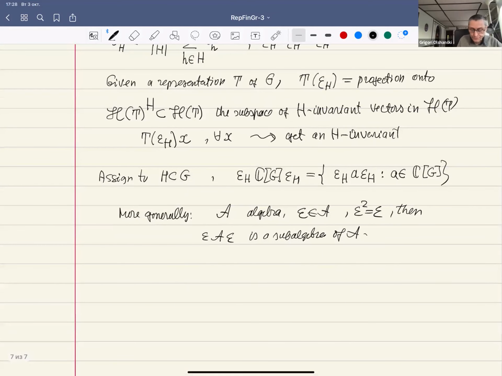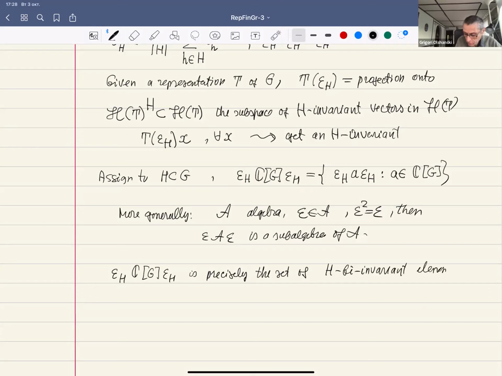What is the meaning also? In the case where we take exactly this specific idempotent, this object is precisely the set of H bi-invariant elements in the group algebra.